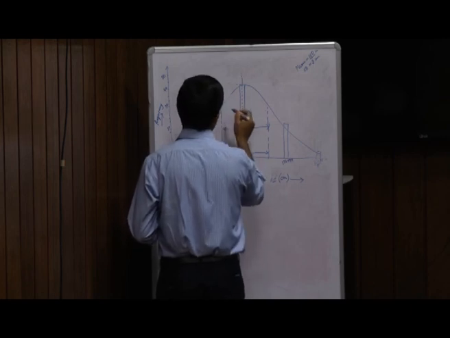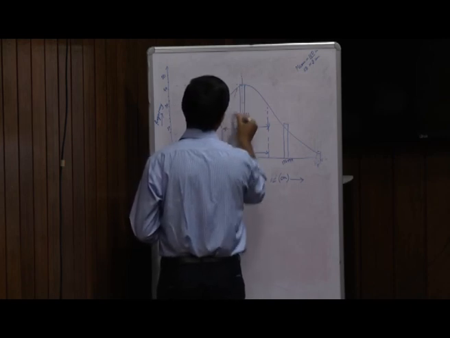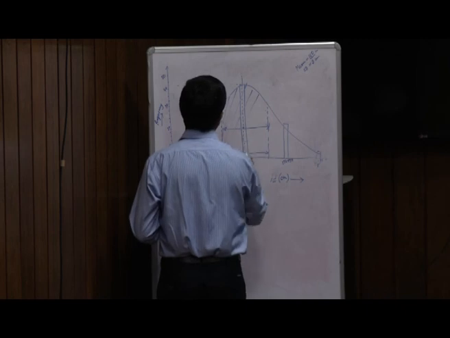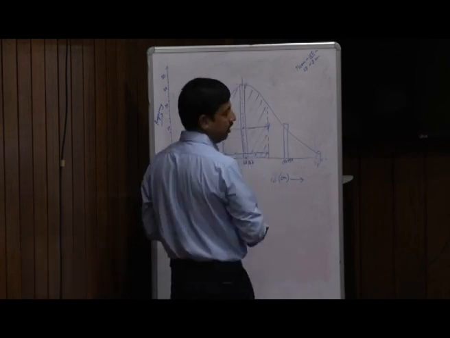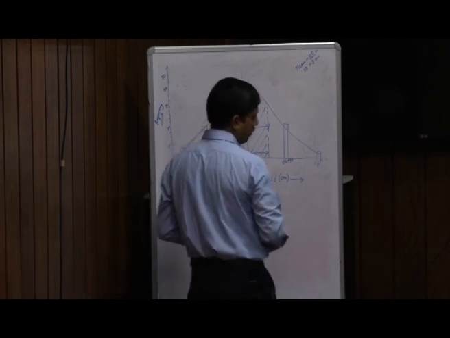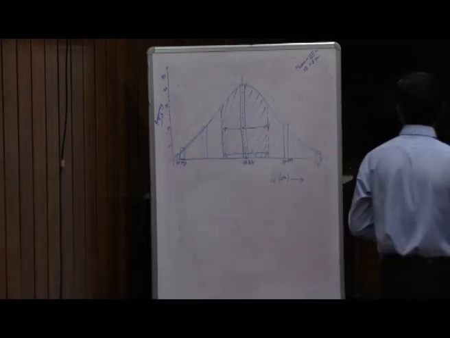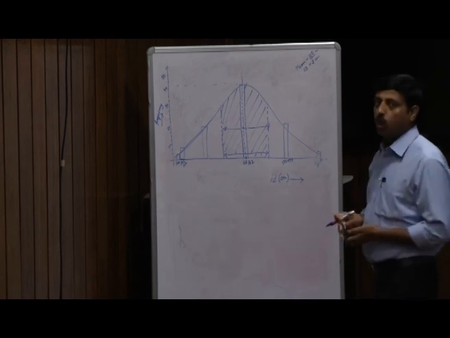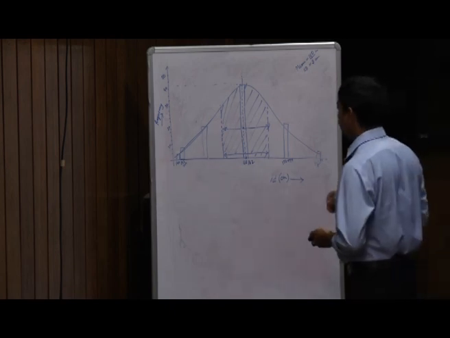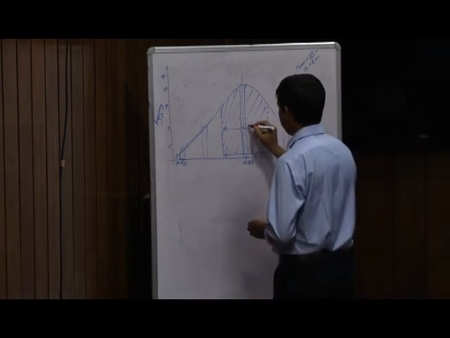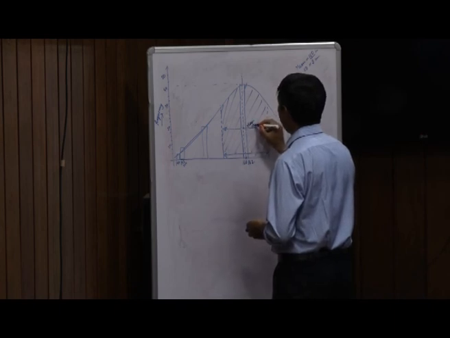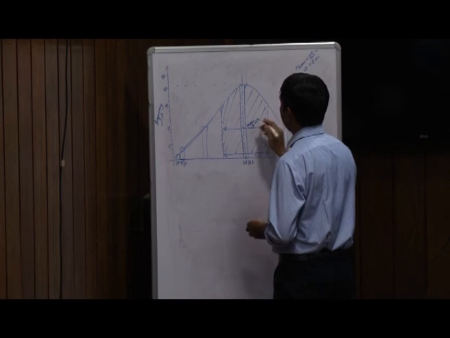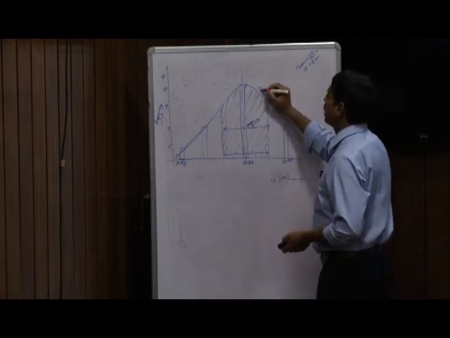It is actually covering what percentage of the population? It is actually covering 68% of the population. This is observed for any data set which is following normal distribution. Now, so mean plus or minus 1 SD, it will cover 68% of the population.